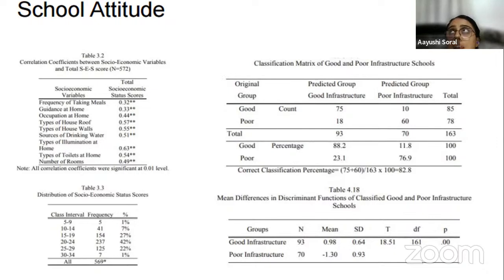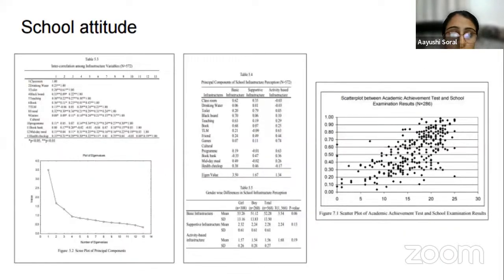Because when we take up a population, we need to consider the socioeconomic status as well, because it also affects how you perceive things. The other one we have discussed is the mean difference in the discriminant functions of the classification of good and poor infrastructure.